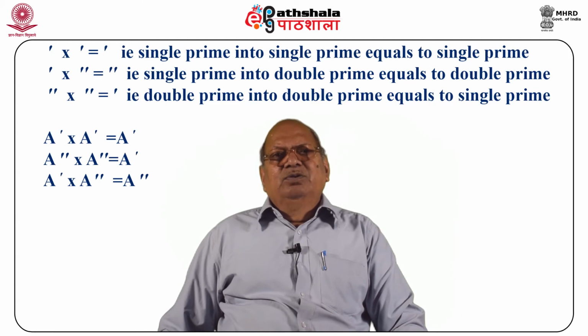Double prime into double prime, we will get single prime. Like this, A1 dash into A1 dash is A1 dash, A2 double dash into A2 double dash is A1 dash, A1 dash into A2 double dash is A2 double dash.